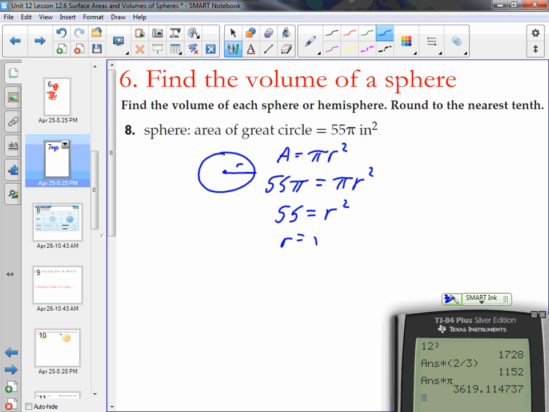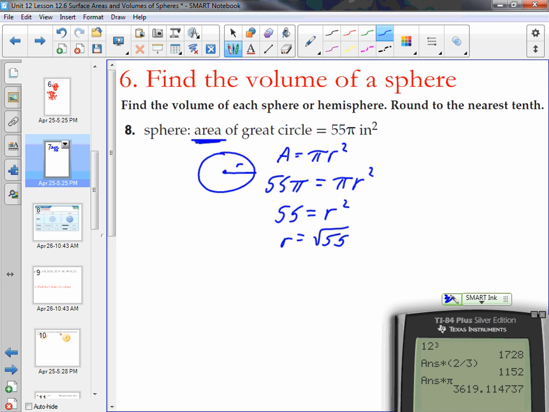So r is the square root of 55. And we know better than to type that into our calculator, don't we? We're going to leave it as the square root of 55. That's the formula for the area of a circle. Okay? And I'm doing that because that's the information they gave me, was area. All right, so far so good.